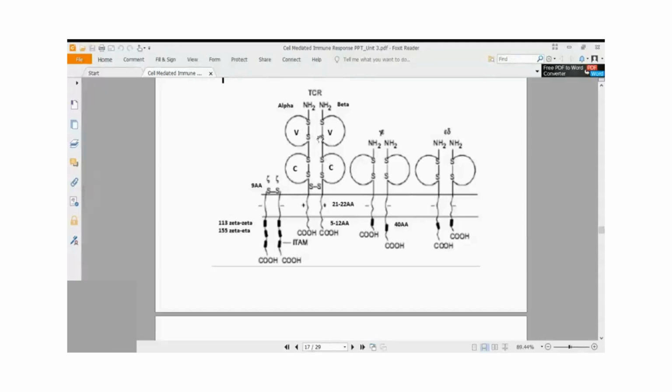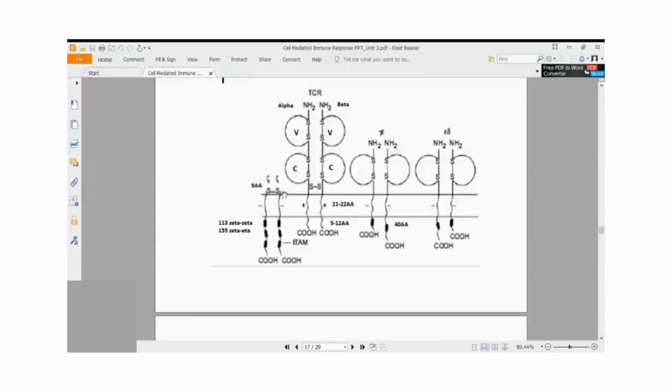The TCR is the major receptor that contacts the antigen on the class 2 MHC antigen group. And CD3 undergoes activation simultaneously when the TCR is activated, and the cytoplasmic domains undergo phosphorylation to bring about the signal transduction.